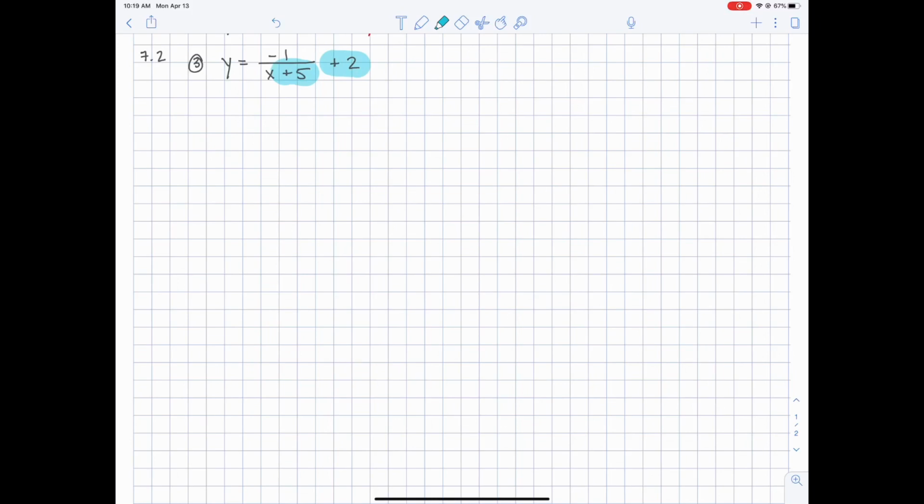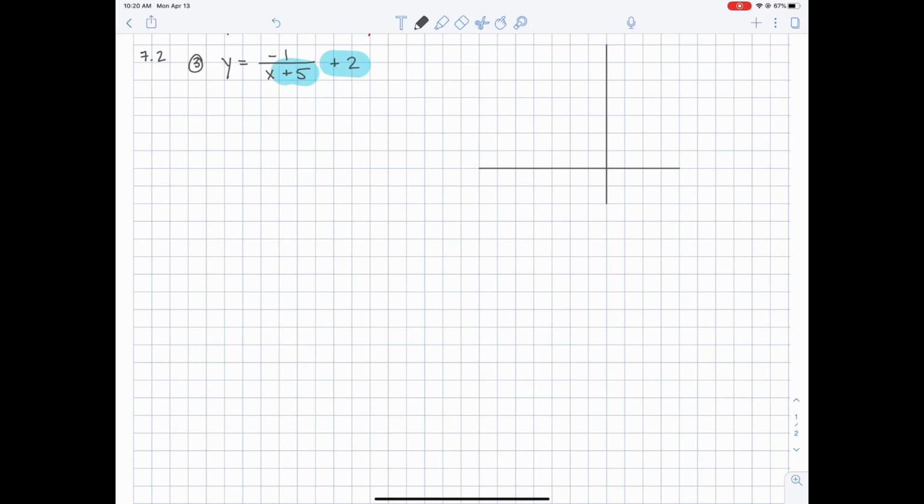That way I can go ahead and set up my coordinate plane. And I know that my asymptotes are going to be at -5 and 2. So I'm going to drop my x-axis down a little bit.